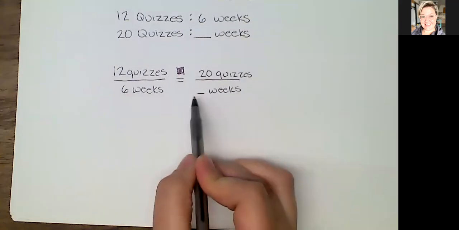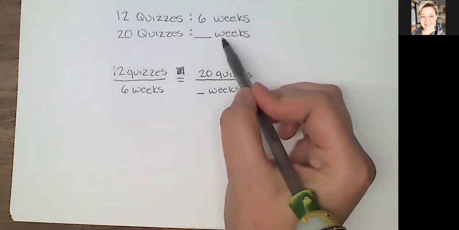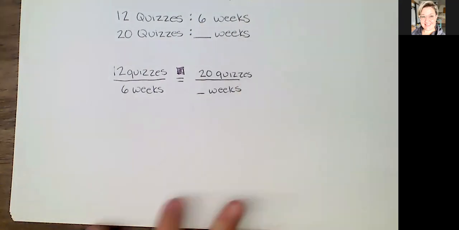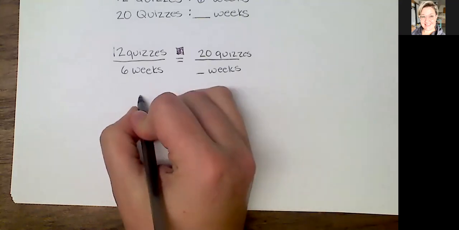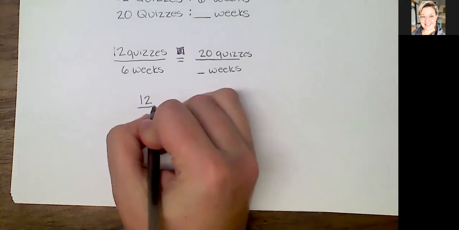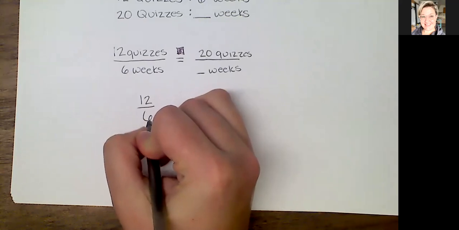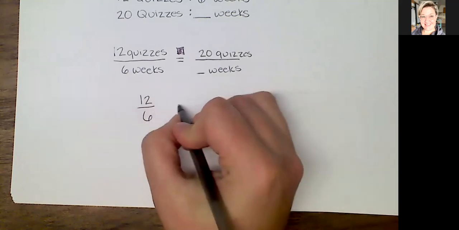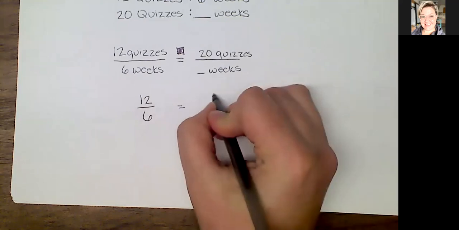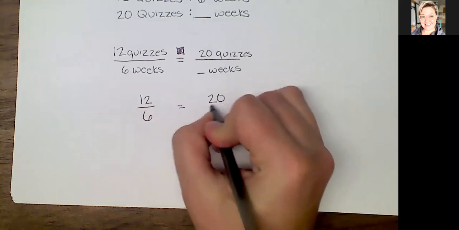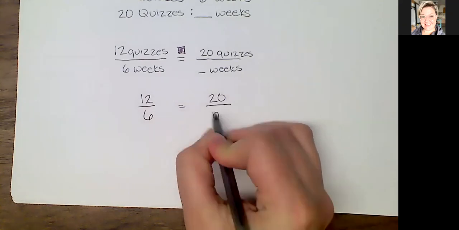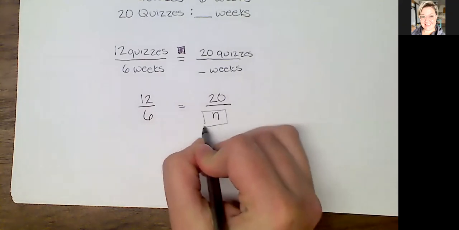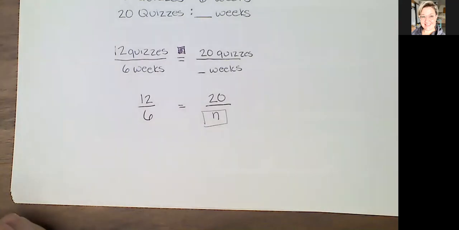So this is just another way to write this ratio. We're writing it more as a proportion. So we move that down to 12 over 6, and then we've got 20 over n, which is our number that we're looking for, okay?